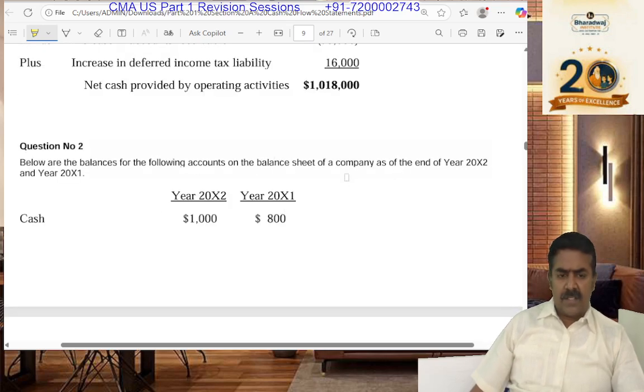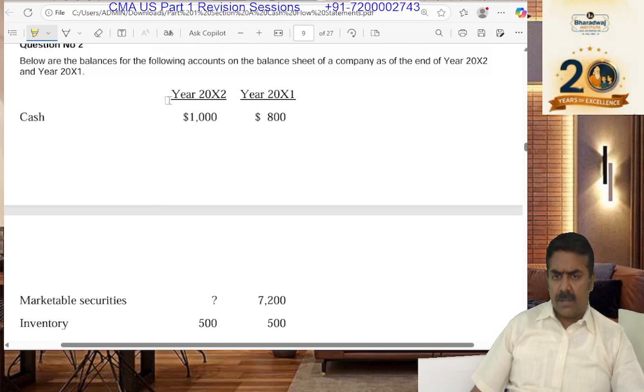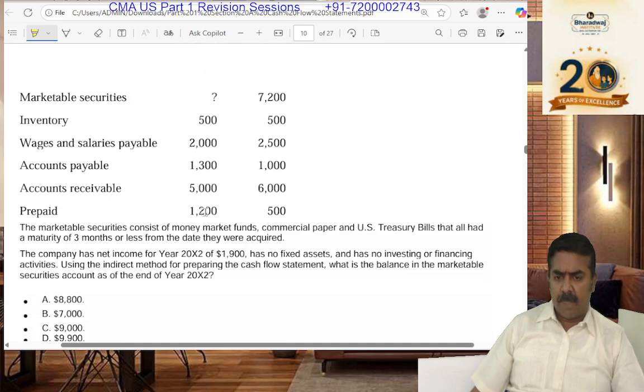The cash balance is given, and balance sheets are given for 2 years. Here, the closing balance and opening balance are given to us.